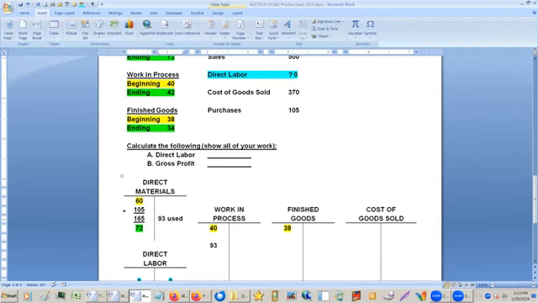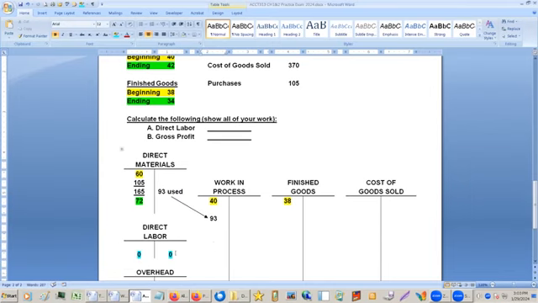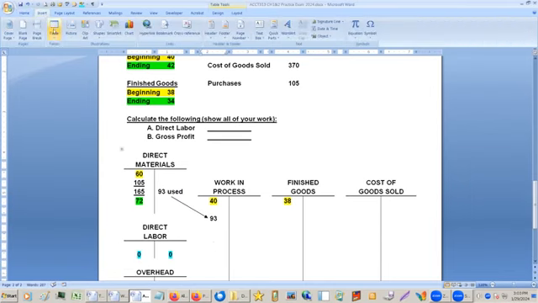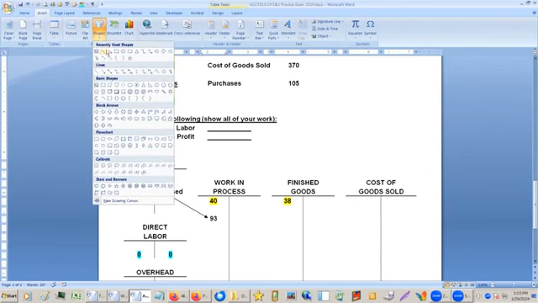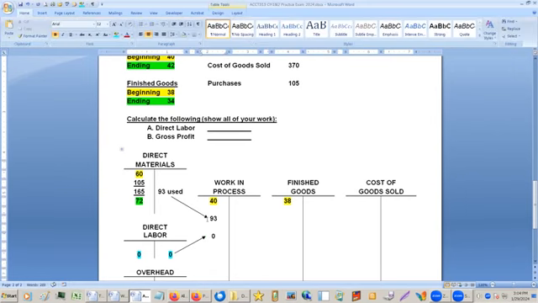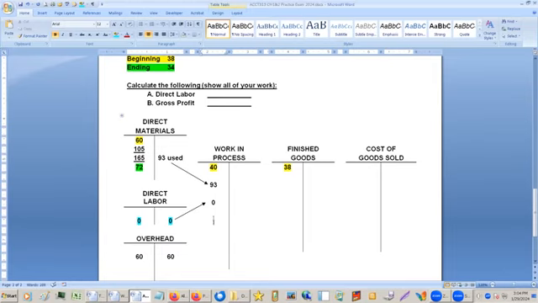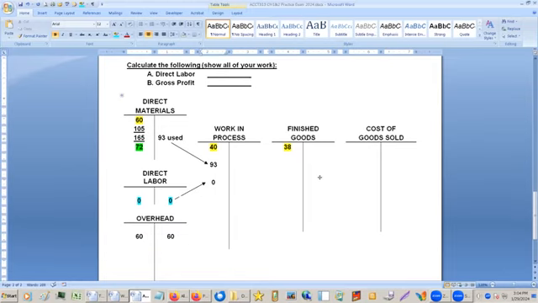And the 72 was not used. We still have it. Direct labor is 0, which is wrong, but we know that when we get to the end, whatever that should be is what it'll be off by.